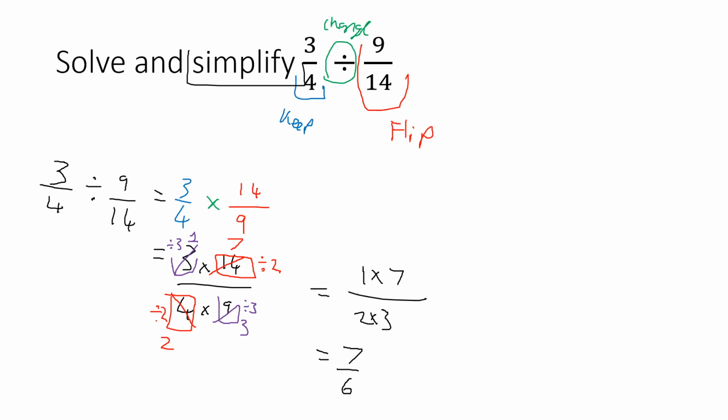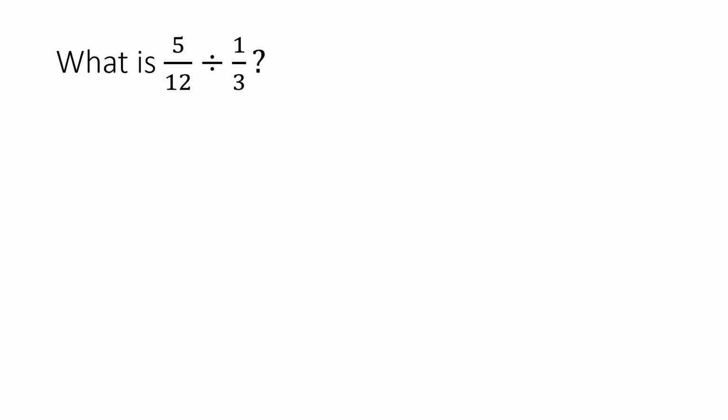Now, there was one method that I've looked up from the research for this video, and what one teacher also recommends is you can do 5 over 12 divided by 1 over 3. If we're going to times top and bottom, then surely we can divide top and bottom.